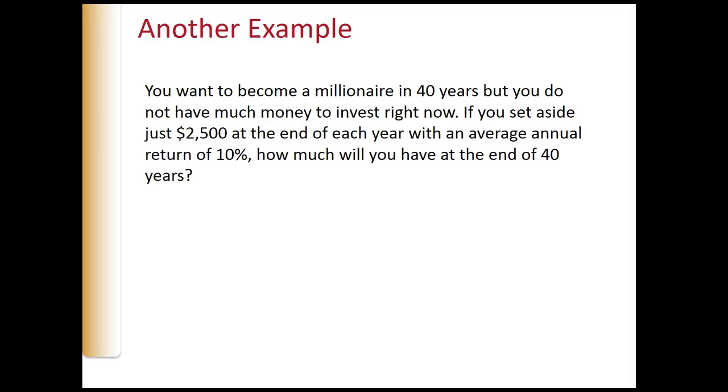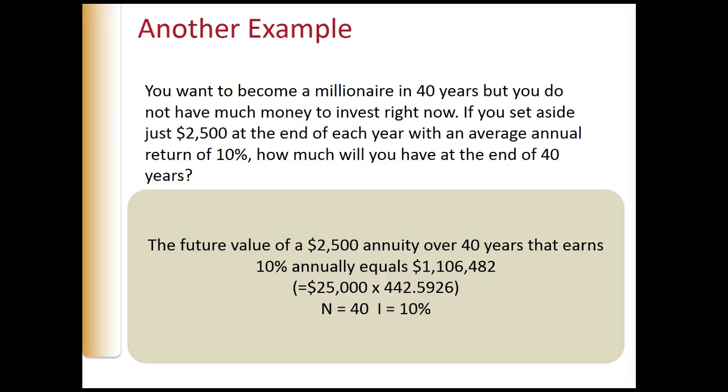Remember, we're trying to look at the future value of what $2,500 a year will give us with a 10% interest rate for 40 years of investing. So again, we would use Table 3, and we would find the factor where n equals 40 and interest is 10%.